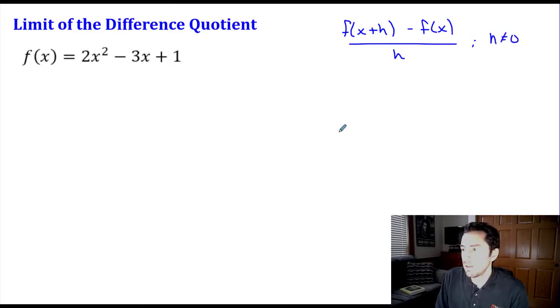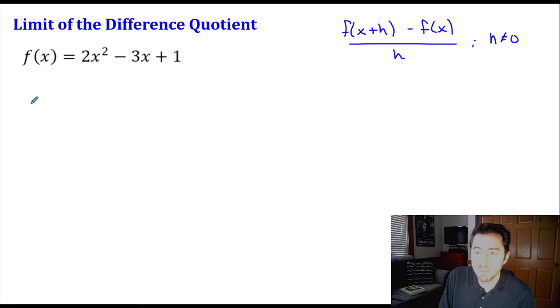Okay, remember what the difference quotient is: we're finding the slope of the secant line between 2 points on a curve. So let's take our original function. My example here is f of x equals 2x squared minus 3x plus 1. And I want to find the difference quotient of this.